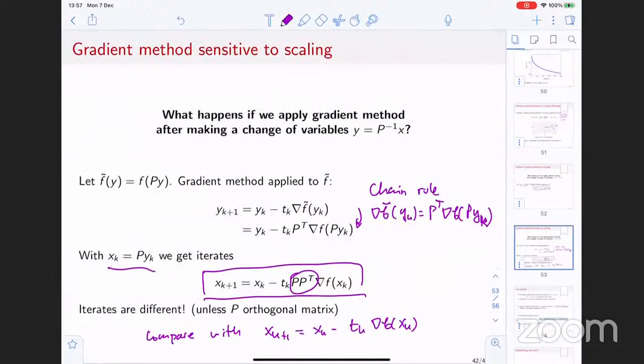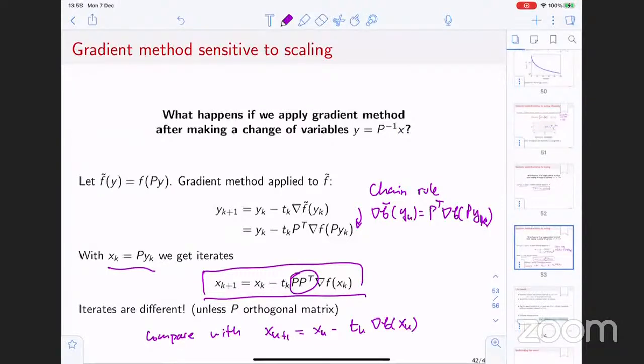So this is something that one has to be aware of, and there is a reason why this happens: the notion of the gradient mathematically depends on the inner product that you choose. Remember how we introduced the gradient.